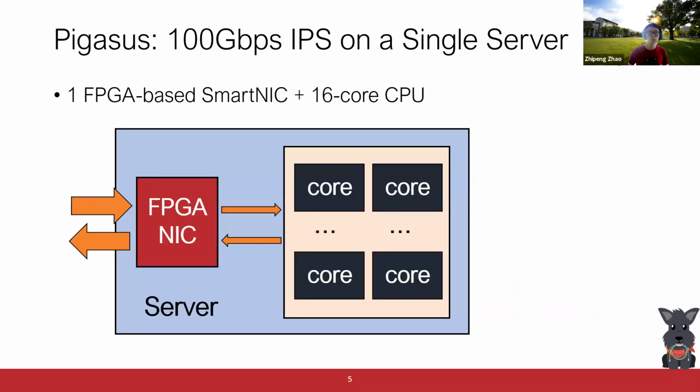So in this work, we propose Pigasus, which is a 100 gigabit per second intrusion prevention system implemented on a single server. Pigasus is composed of an FPGA-based SmartNIC, which processes the network packets in line, and a multi-core CPU, which handles the corner cases for the FPGA.